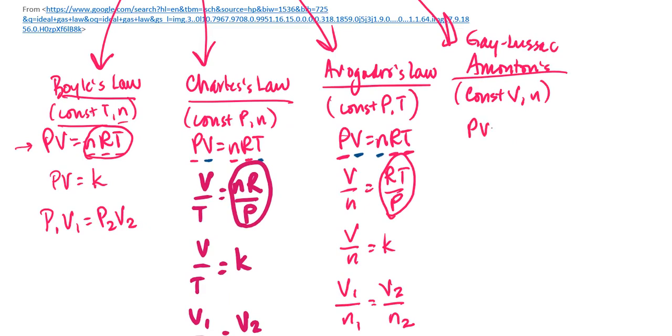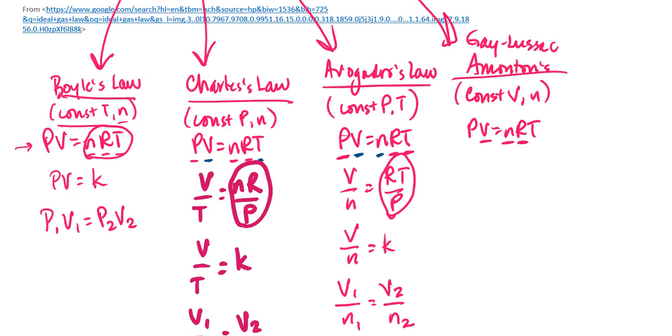So, again, I would start with the ideal gas law. I'm going to be holding volume and number of moles constant, as well as the ideal gas constant, which is always a constant.